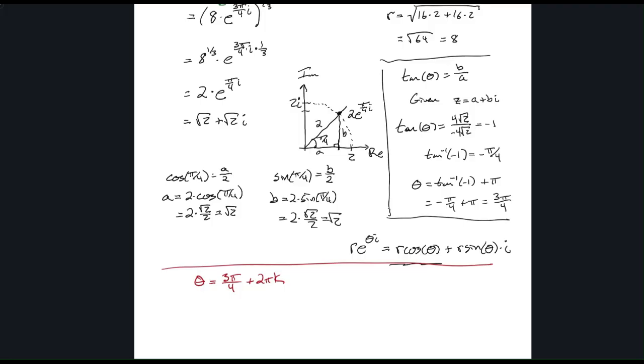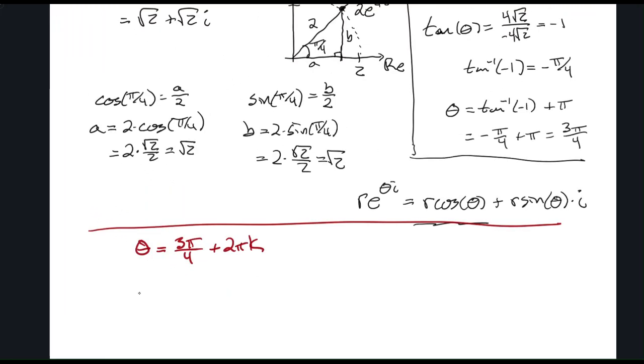And that would give us that our original z is going to be 8 times e to the 3 pi over 4 plus 2 pi k times i. So all of these are our different thetas. Then z to the 1/3 is going to be 2 times e to the 1/3 times 3 pi over 4 plus 2 pi k.